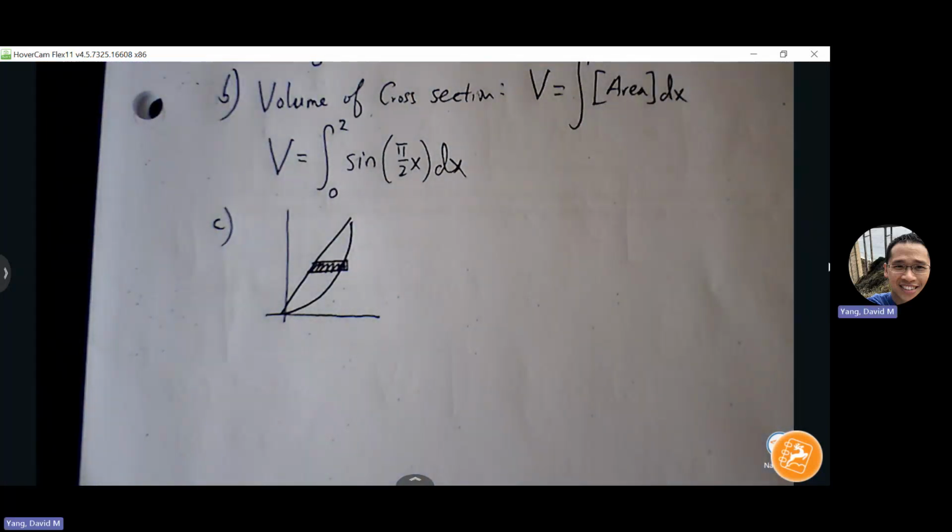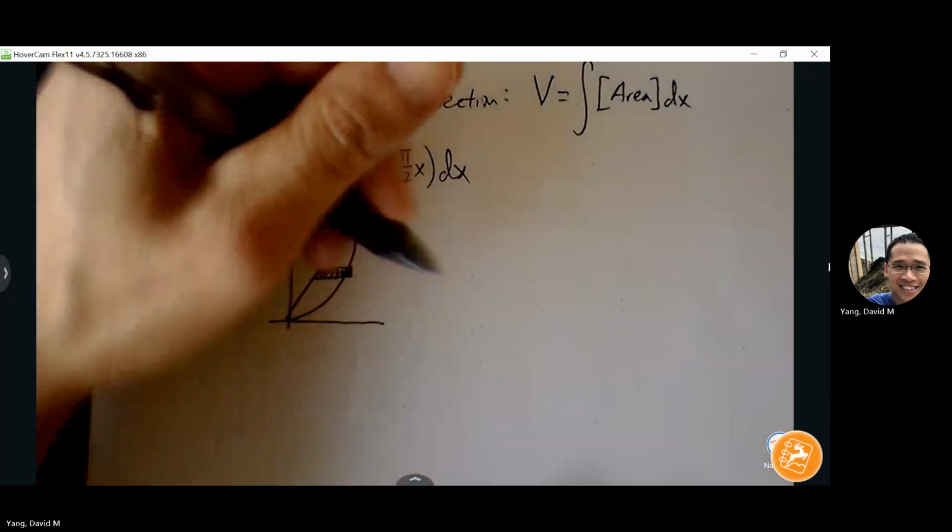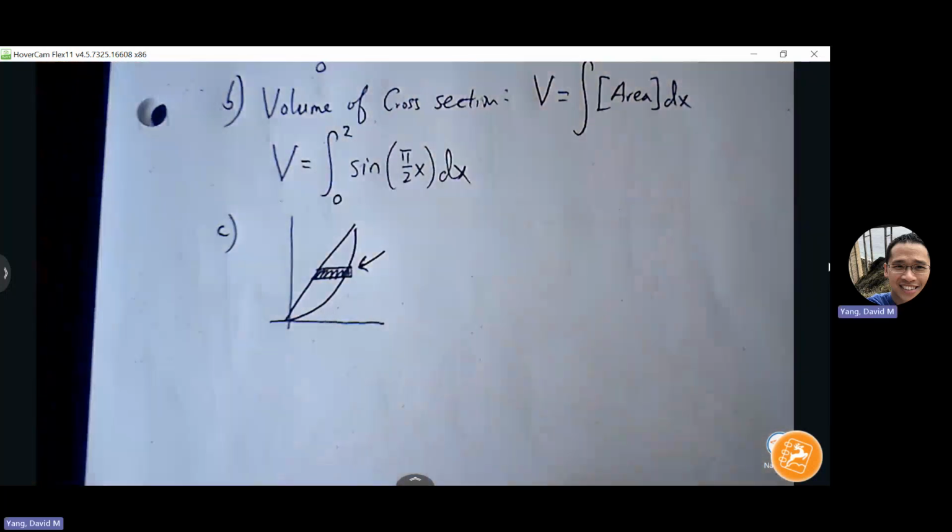So anytime we see a horizontal base, a horizontal rectangle, a horizontal radius, we've got to do what? Yeah, spend time to rewrite our equation, right?